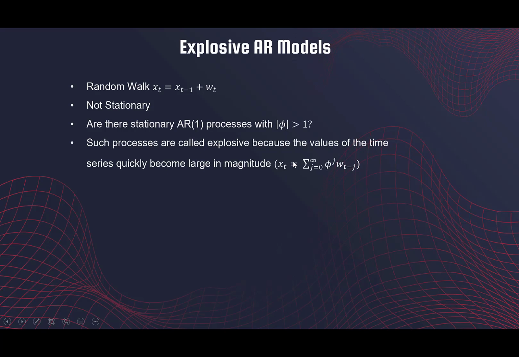The whole reason behind assuming that phi is less than 1 is so that this shouldn't explode. Because if phi is greater than 1, as you increase the powers, the numbers will get higher and higher. And that's where the word explosive comes from. So processes with phi greater than 1 are basically explosive AR models.